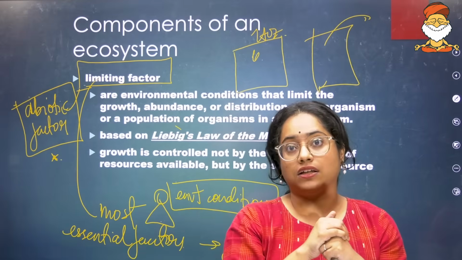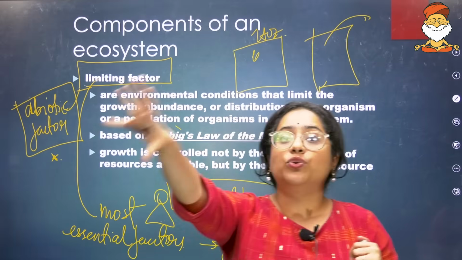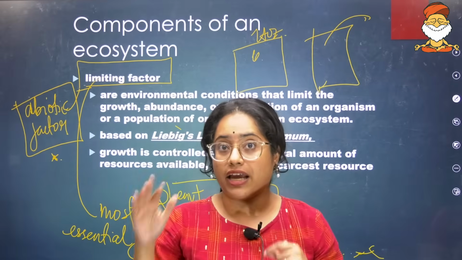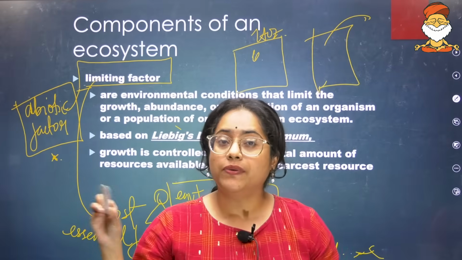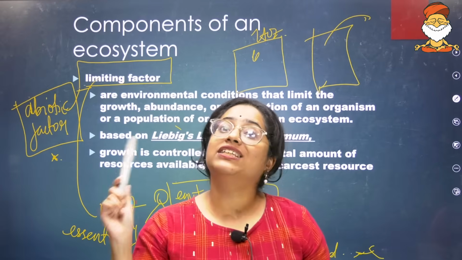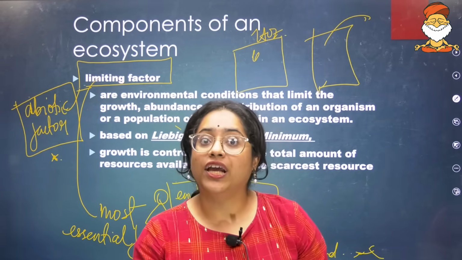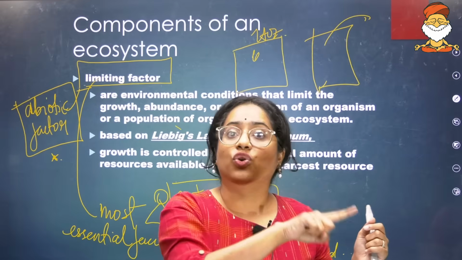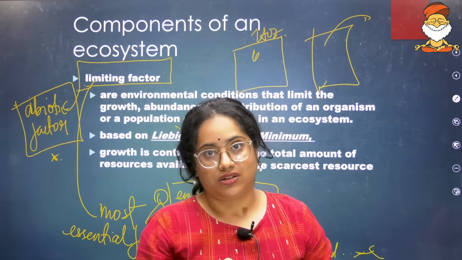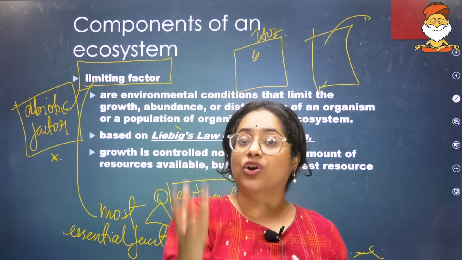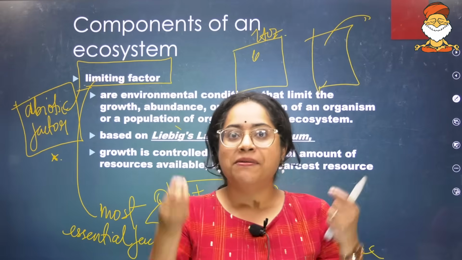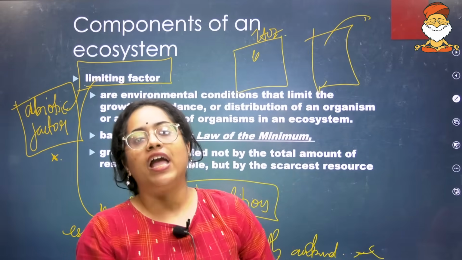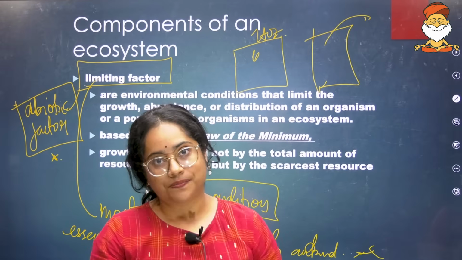Ideally, these all things are there. If you take a plant and put it into an area where none of these things are there in a proper amount, what will happen to it? It will not grow. Why is it not growing? It's not growing because those factors which are needed for its growth are not present. The growth is limited by the lack of essential conditions.